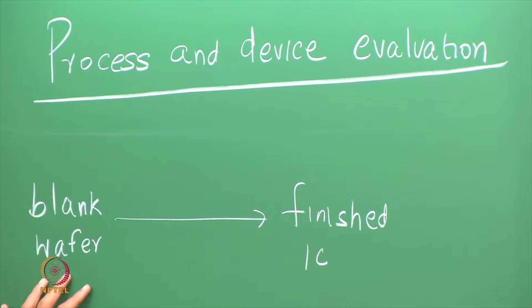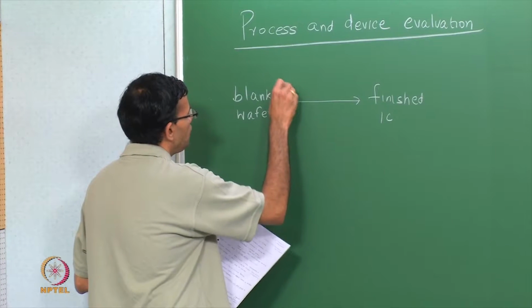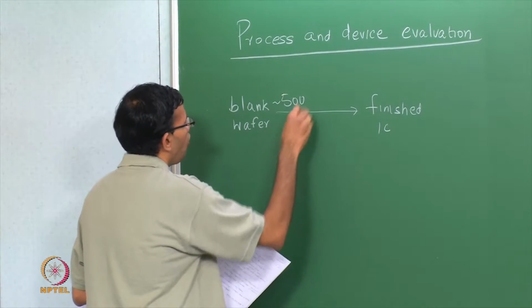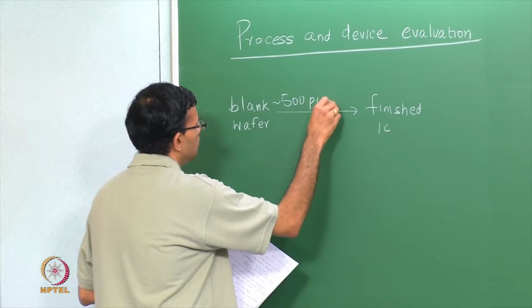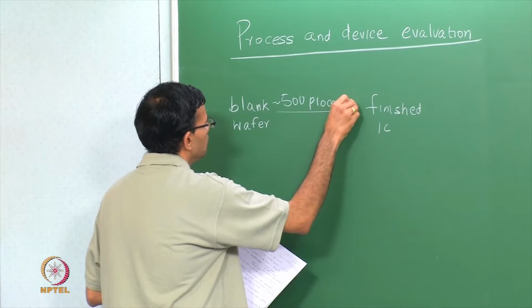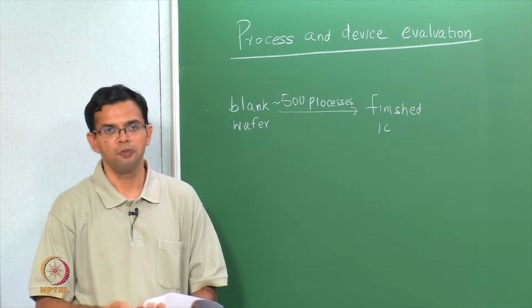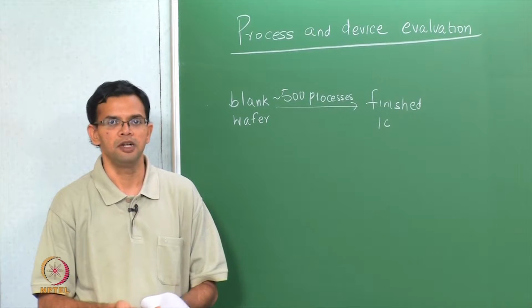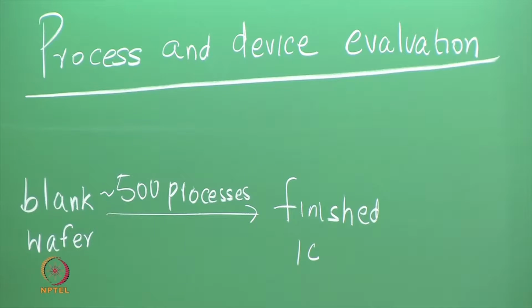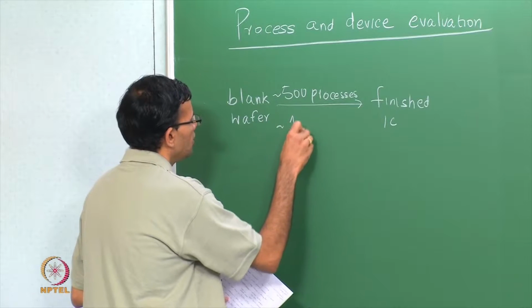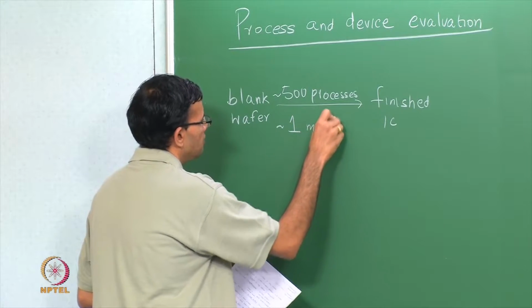So, starting from the blank wafer to the finished circuit, there are usually 500 odd processes. So, these processes could be the layering or doping or lithography or heat treatment, but there are typically around 500 odd processes, and the whole thing can take approximately 1 month.